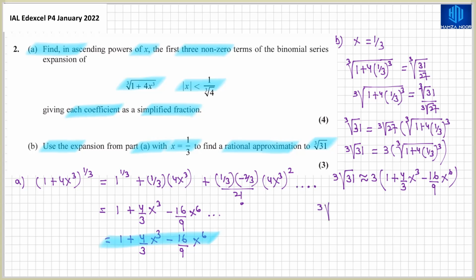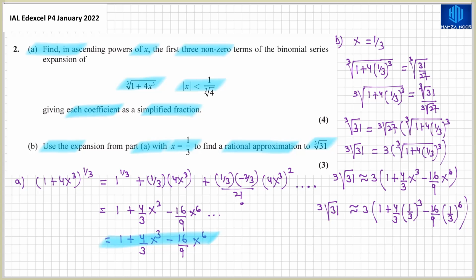So the approximated value for the cube root of 31 is 3 multiplied by (1 plus 4 over 3 times (1 over 3) cubed minus 16 over 9 times (1 over 3) raised to the power 6).